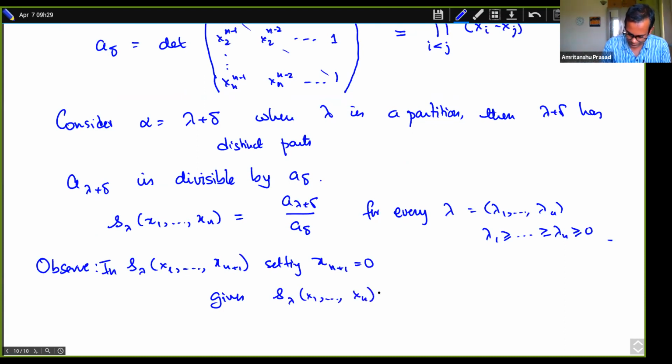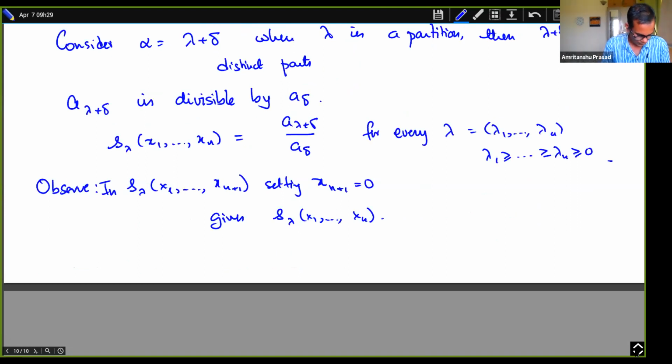What happens is that in the determinant, you lose the last row, and it becomes a block thing.